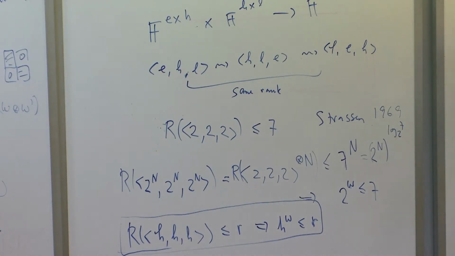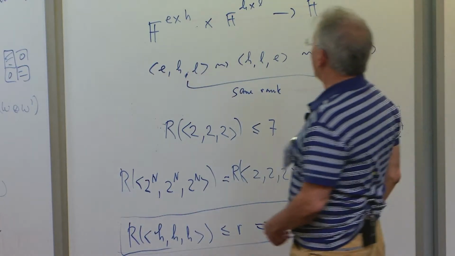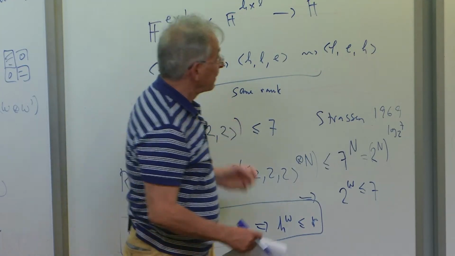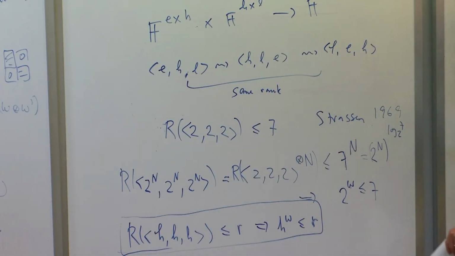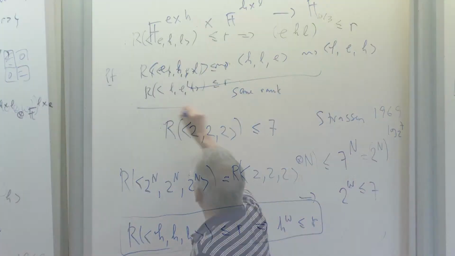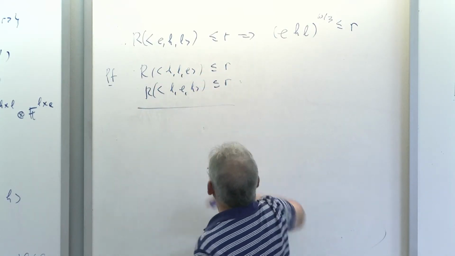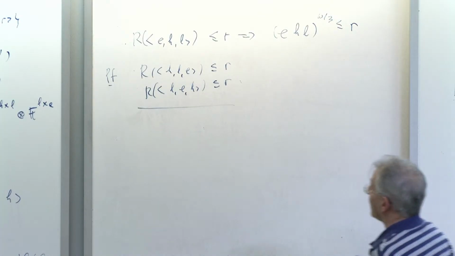What is the proof? Well, I said if I do these cyclic permutations here, the rank is unchanged. So I just write this again in cyclic permutations. All these three, they have rank at most R. Now, if I multiply, meaning tensor product, these three things, I use this rule, then I get a cubic tensor.